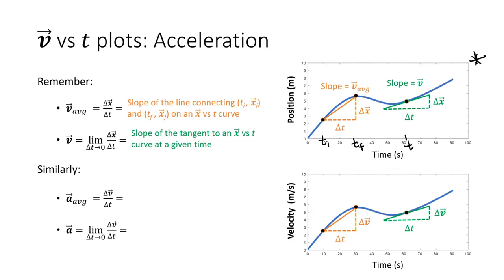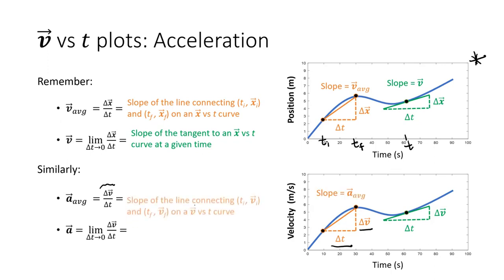Okay, so looking at the definition of v average and comparing it to the definition of a average, what I could say is that if I have a velocity versus time curve rather than a position versus time curve, I would expect that the average acceleration would just be equal to the slope of the line connecting the initial and final time points on my velocity versus time curve, because I can see right here, my average acceleration is delta v, which would be like the rise, divided by delta t, which would be like the run, right?